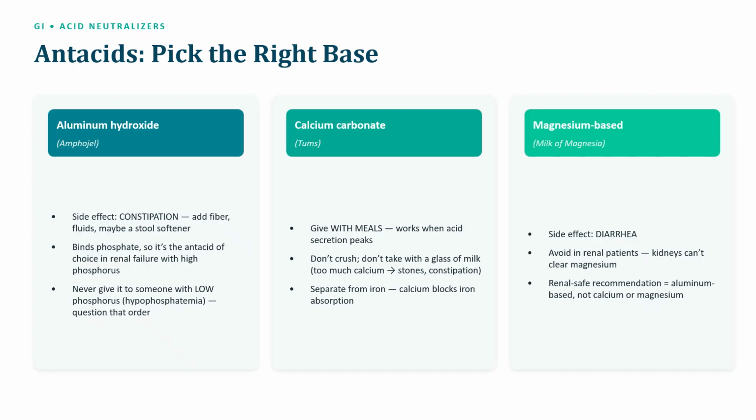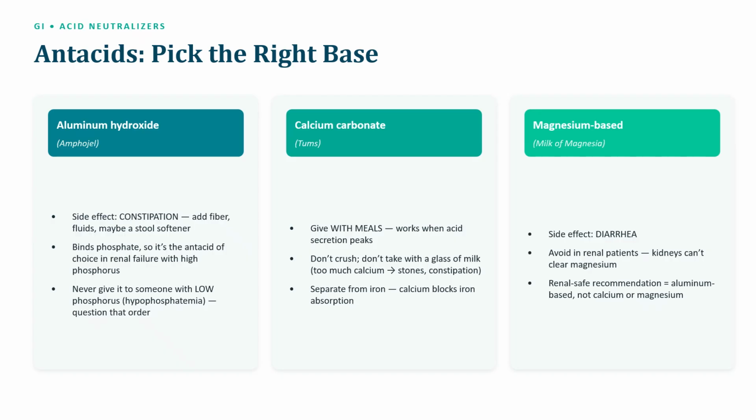Calcium carbonate, which is Tums, is usually given with meals when acid secretions are peaked. So we do not crush the tablet, and we do not administer it with milk. We separate Tums or calcium carbonate from any iron supplements because calcium interferes with iron absorption.